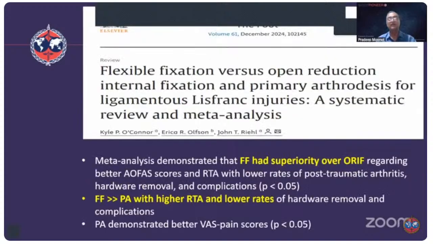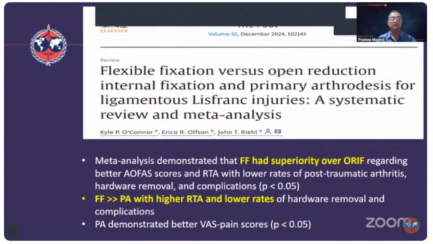Also, a meta-analysis which incorporated 7 different studies showed that flexible fixation had superiority over open reduction internal fixation, with better AOFAS scores and return to daily activities, with lower rates of post-traumatic arthritis, hardware removal, and complications.